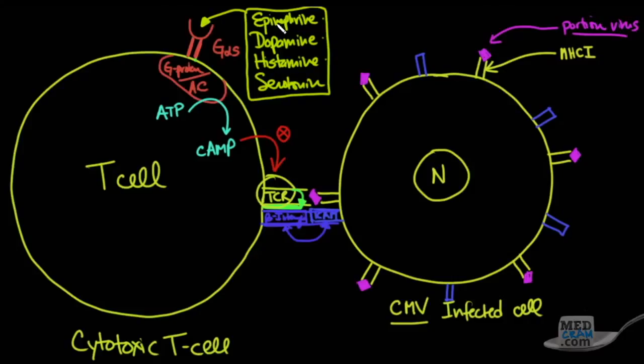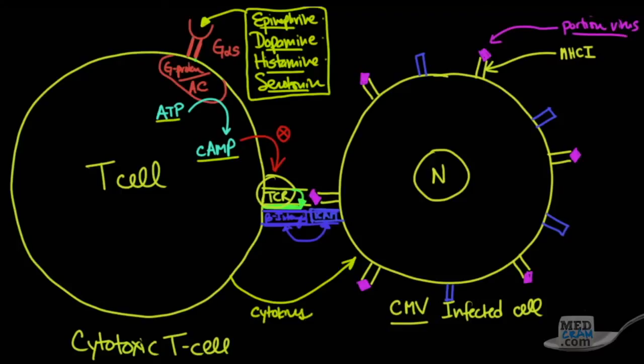And so you can see it's possible that epinephrine, dopamine, histamine, serotonin could stimulate this receptor, which would eventually convert ATP into cyclic AMP, which would then inhibit TCR's ability to have the beta integrin bind with ICAM and to have this T cell destroy with cytokines this infected cell.